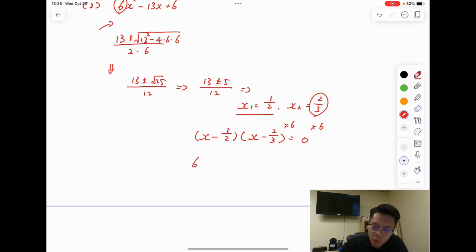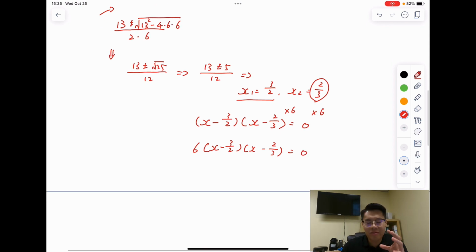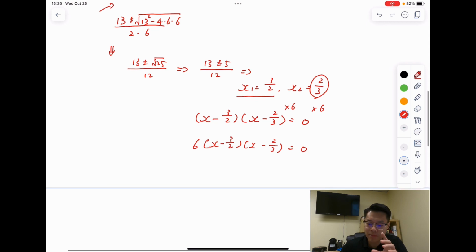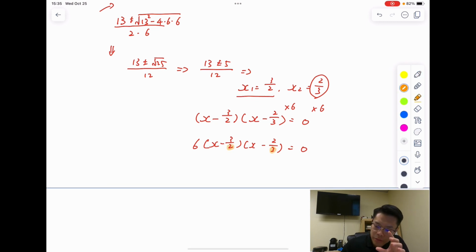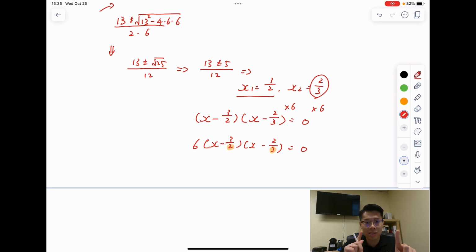So then this form becomes 6 times x minus 3 over 2, times x minus 2 over 3, equal to 0 times 6, which is also 0. Then I have to be very strategic in this case because I had the 2 here and I had the 3 over here. So I have to associate 6 differently, right? So I will associate 2 to this term and I'll associate 3 to this term.